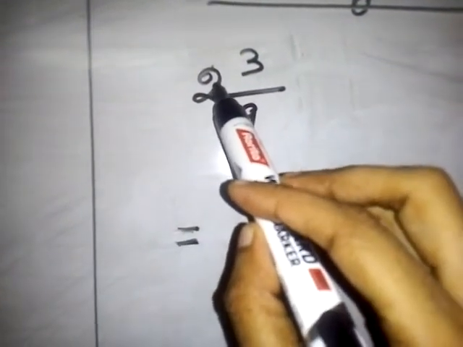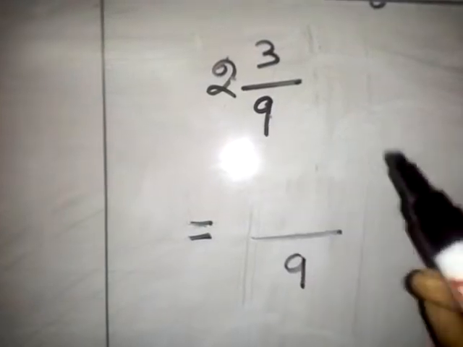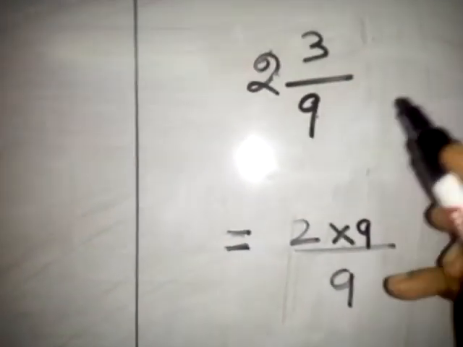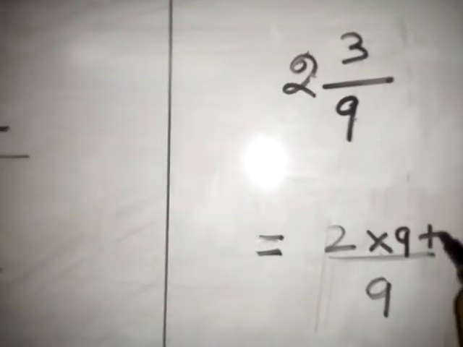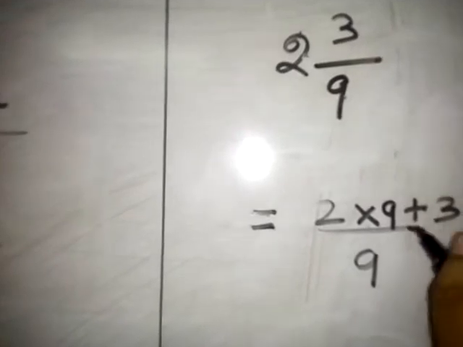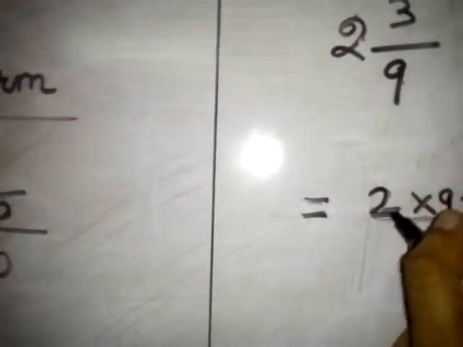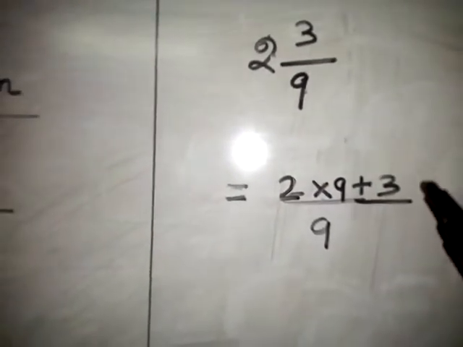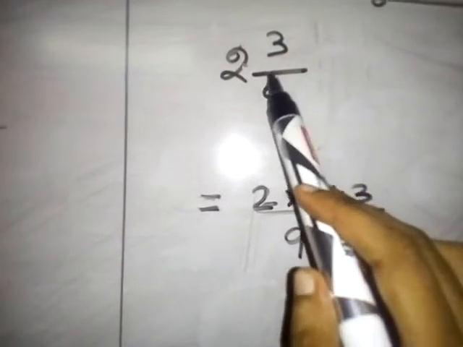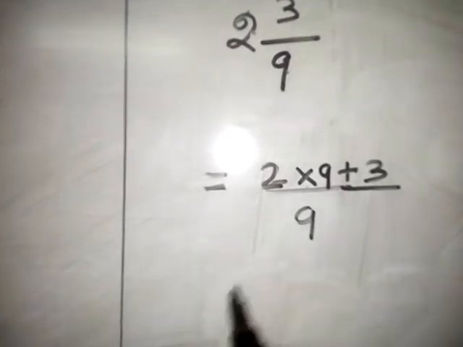You have to take multiplication in the numerator: 2 into 9 plus the numerator number that you have. Remember this step of improper fraction when I am solving here. This mixed number you have to convert into improper fraction.